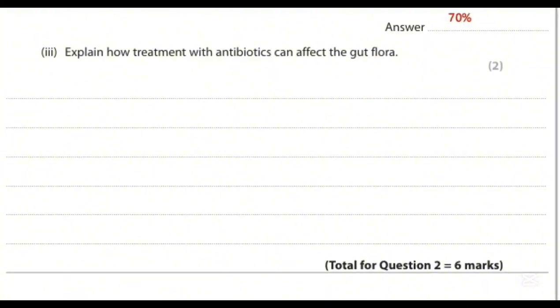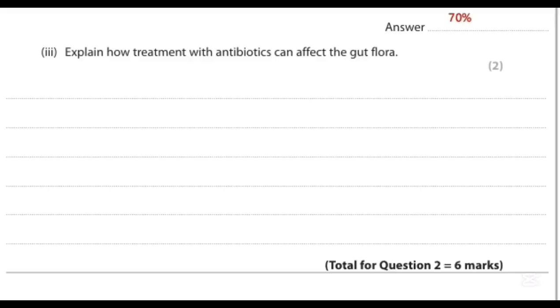So if we are on prescriptions with antibiotics, then we need to keep in mind that they do not discriminate, and they will kill both the good and bad bacteria in our gut flora.